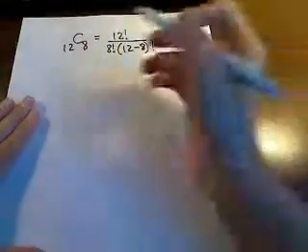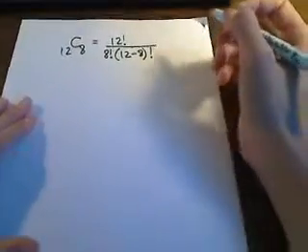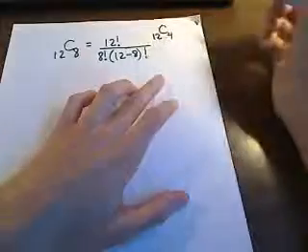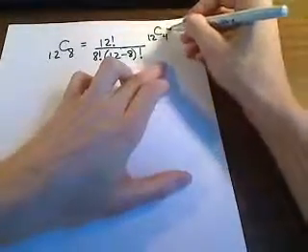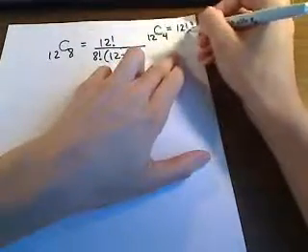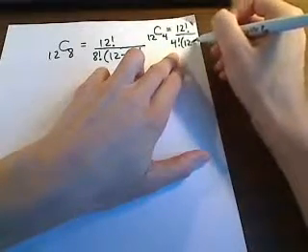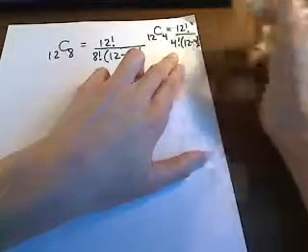And let me show you that these are the same thing. If I were to calculate a combination of 12 things taken 4 at a time, that would be 12 factorial over 4 factorial times 12 minus 4 factorial.